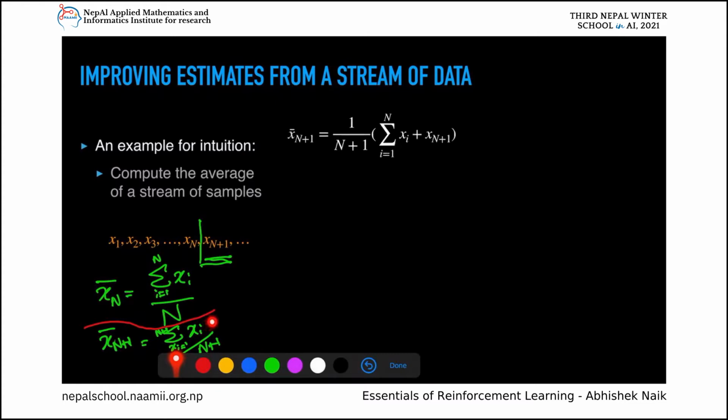Let me write this expression again out clear. The numerator I've broken into two parts, a sum and the n+1th term. This is the average of n+1 quantities. Now I multiply and divide by n, which is just 1. So we get n upon n+1 times 1 by n times the sum as the first term, and xn+1 over n+1 as the second term.